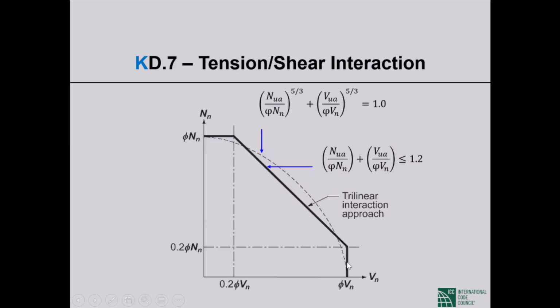So as long as the applied tension is no more than 20% of the design tensile strength, that much tension has no impact on shear strength. Shear strength doesn't decrease. But if the applied tension is larger than 20% of the design tensile strength, then shear strength decreases linearly as given by the middle portion in the picture.